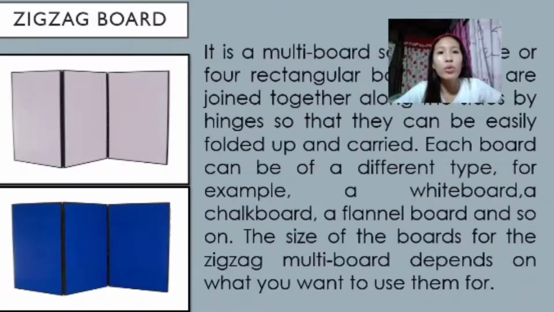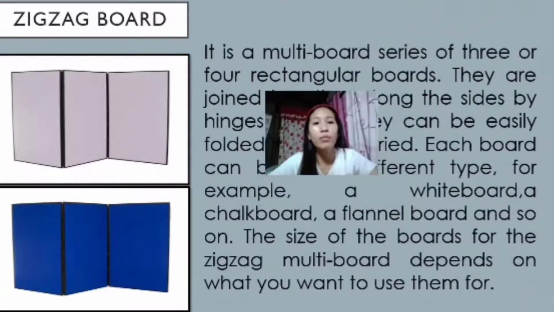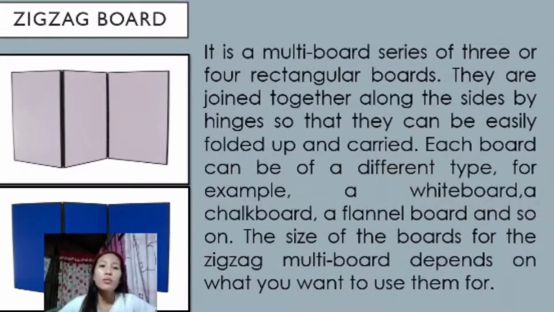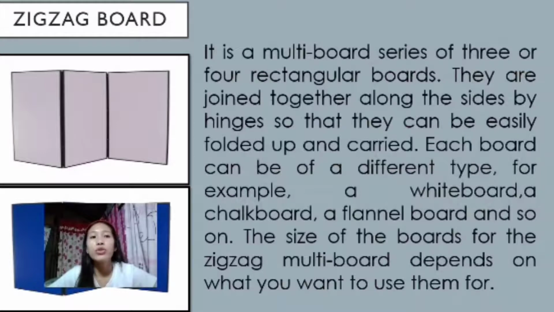The next one, we have the zigzag board. It is a multi-board series of 3 or 4 rectangular boards. They are joined together along the sides by hinges so that they can be easily folded up and carried. Each board can be of a different type, for example, a whiteboard or a chalkboard or a flannel board, and so on. The size of the boards depends on what you want to use them for.